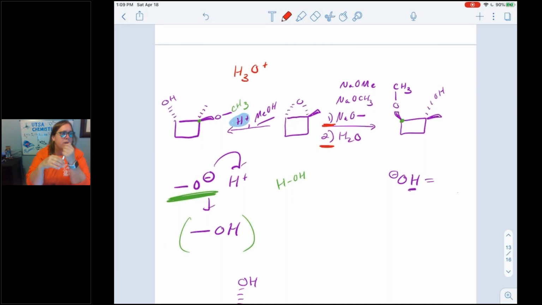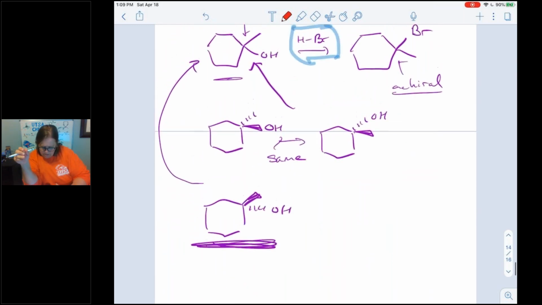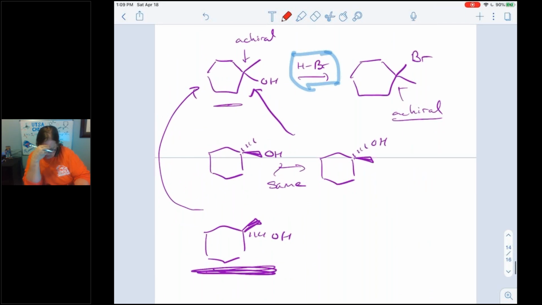Are you guys done with me? I have a quick question, following up on the one that was sent to the GroupMe. I understand that the final product with the bromine is achiral. Where I'm getting confused is C starts off with the same stereochemistry. B as in Bravo, C as in car.